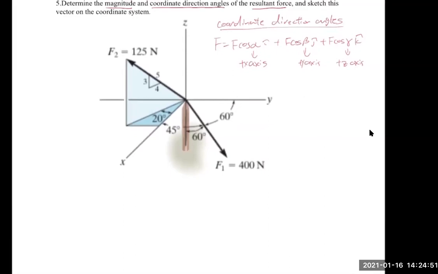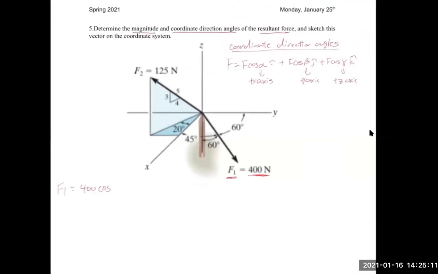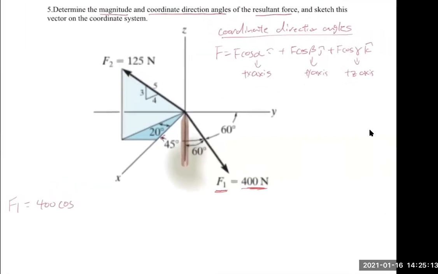Okay, so first step, let's begin to work F1. Put this F1 in the coordinate direction angle form. So F1 equals its force, 400 newtons, cosine of its alpha, which is going to be this 45 degrees.